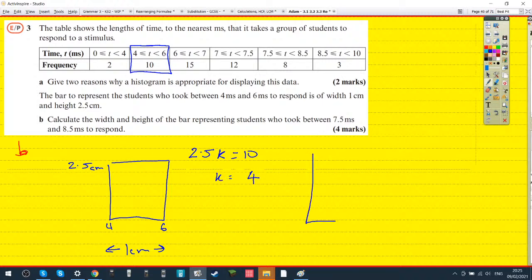So now we do the same for the other one. 7.5, 8.5. We know the class width is actually 1. What else do we know? We know the number of people is 8. We said that this was a half. If the actual number of people is 8, then what would be the area for this one?